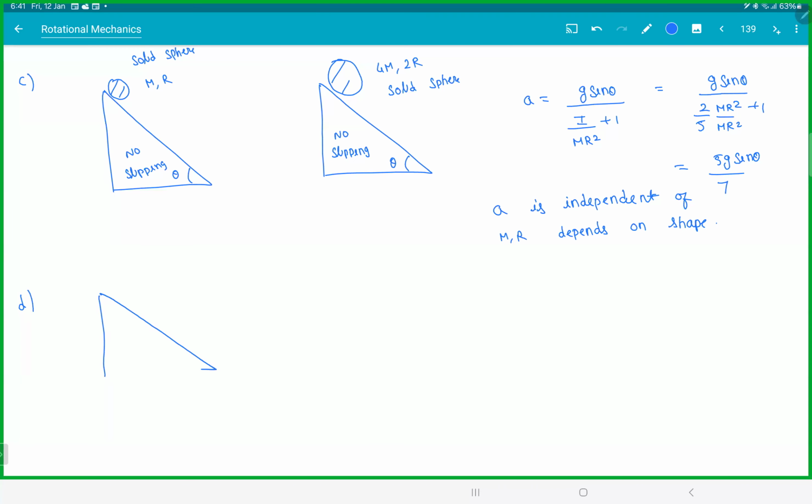What if the same question, now there is insufficient friction, and it slips. So now if I keep a solid sphere, hollow sphere, who will reach first?